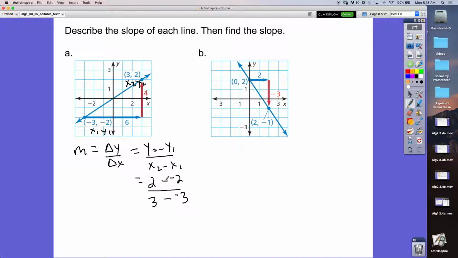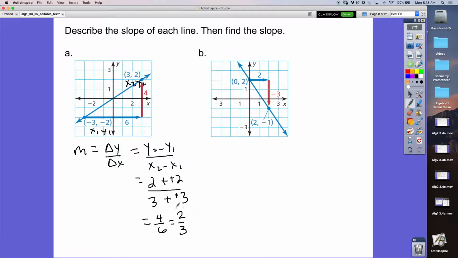Well, when you subtract a negative, you know you change it to positive. So the slope of this is 4 over 6, and then you're going to reduce it to be 2 over 3. So is this positive or negative? Positive. That's how you know it's going uphill. So that's correct. Now let's check it.